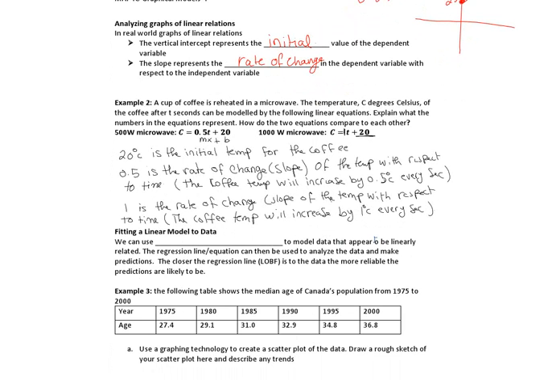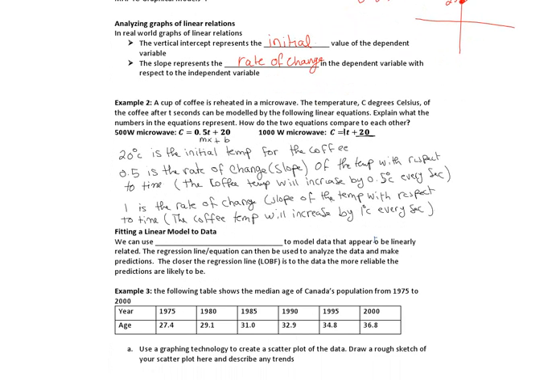So let's go back and recall what C and T represent. C is the temperature in degrees Celsius, and T is the time in seconds. So if you're comparing these two equations, what can you tell me? They're both linear.